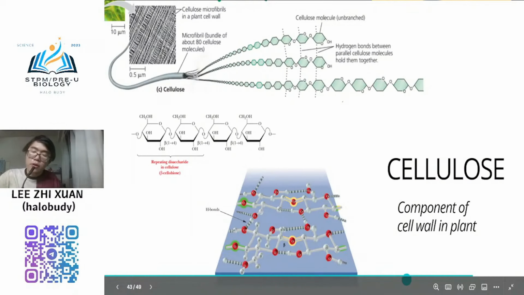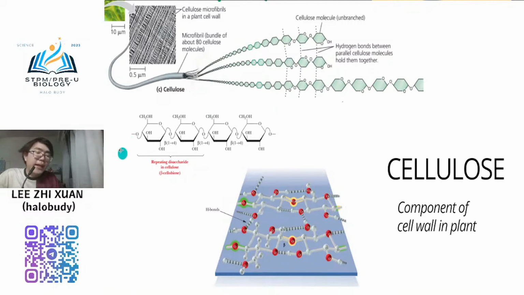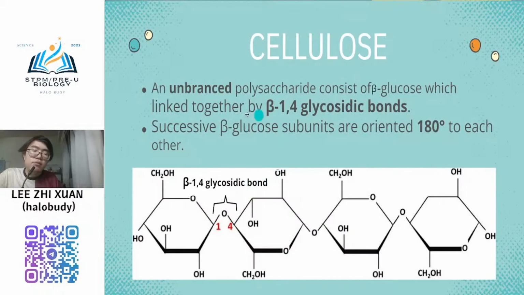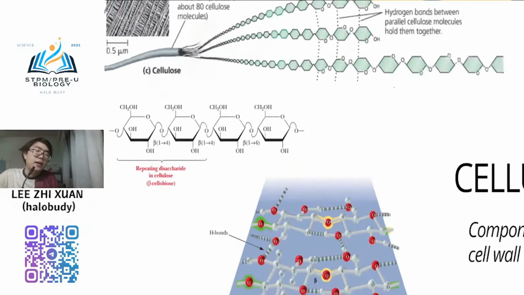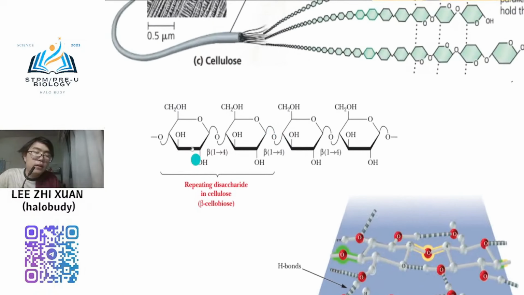Okay, cellulose is very special. Why? Because it uses beta glucose rather than alpha. I already mentioned alpha glucose and beta glucose. The difference is at carbon number 1. Carbon number 1 at here, carbon number 1 at here.